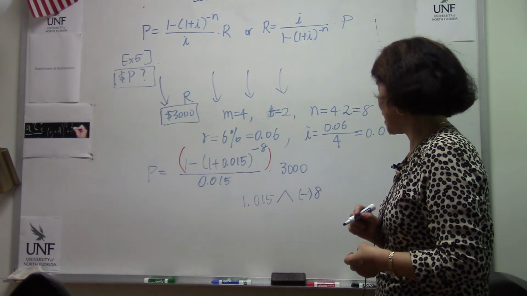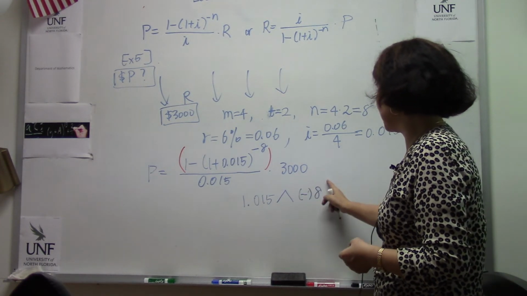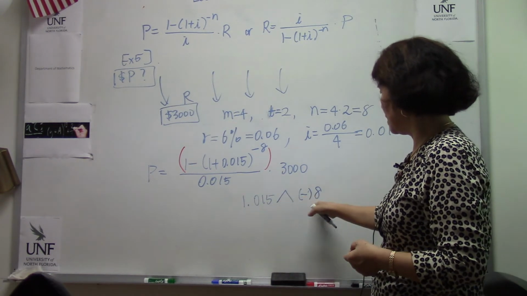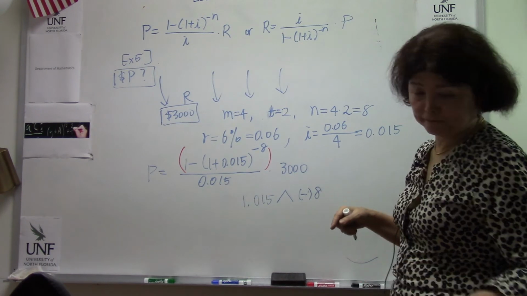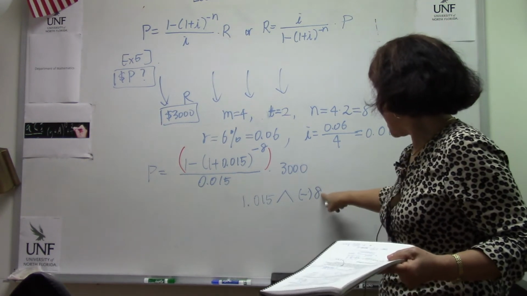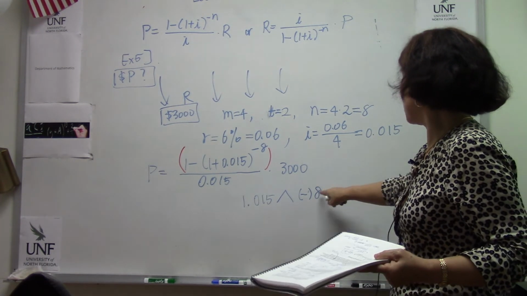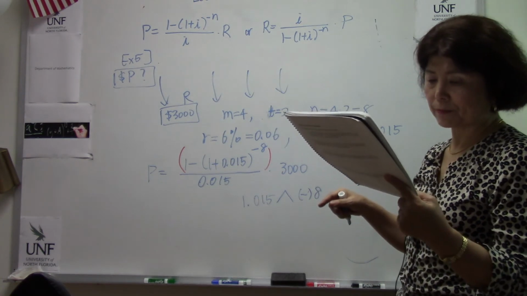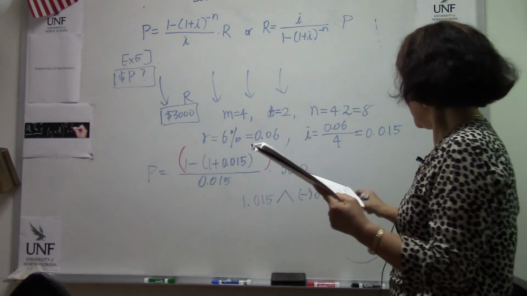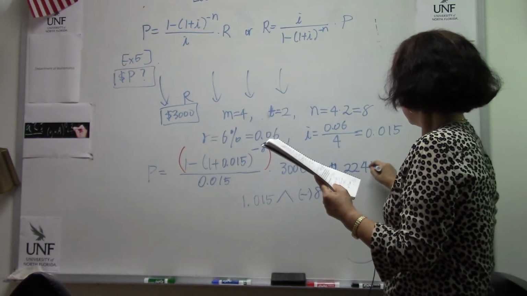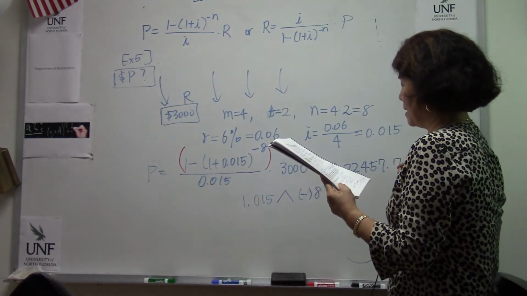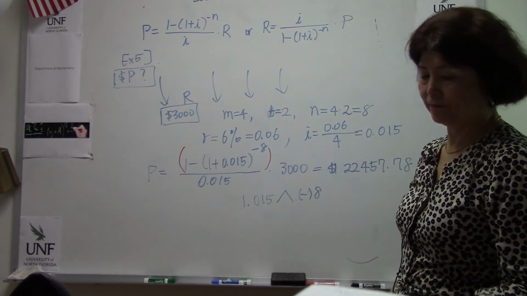You don't need a separate parenthesis over here, just make it this, and it will give you the form of this. After that, you move the cursor out of that. So how much is this? This is $22,457.78.